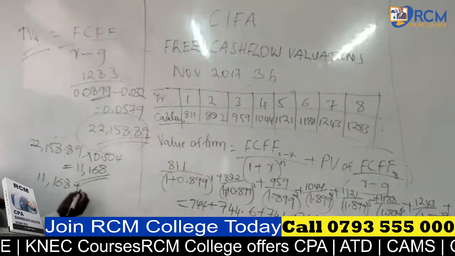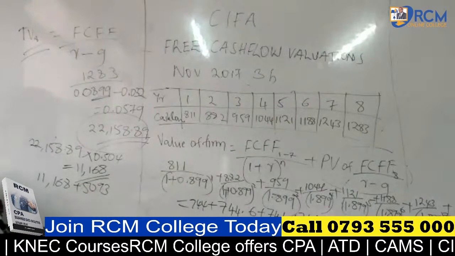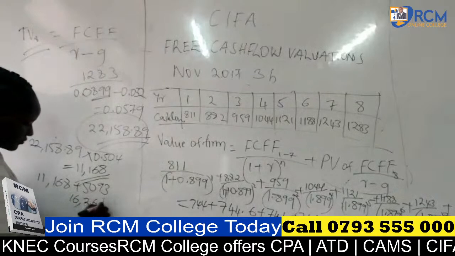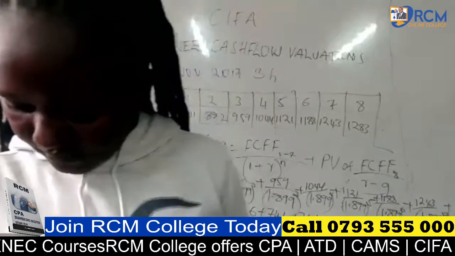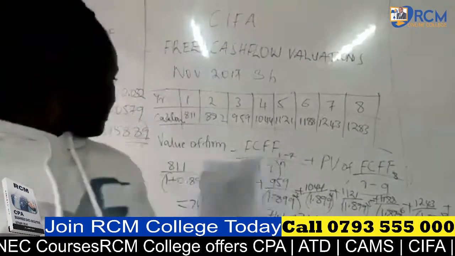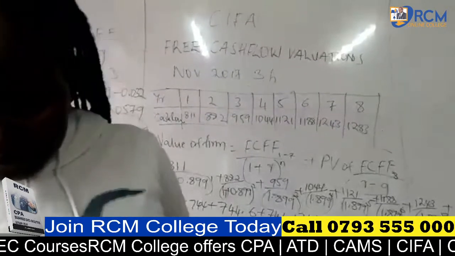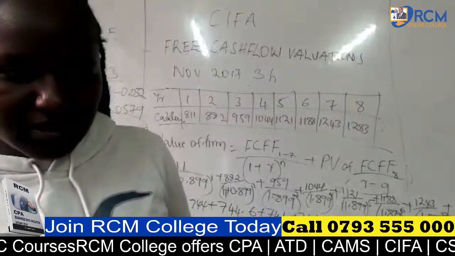Then we got 5,093. So what are you getting? 16,261. So the answer is 16,261 million. Are we together up to that point?